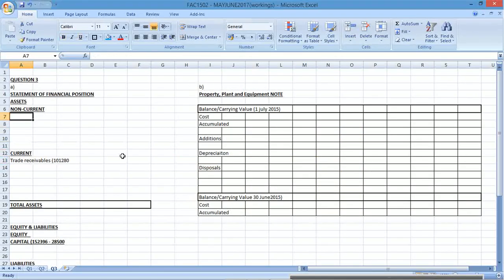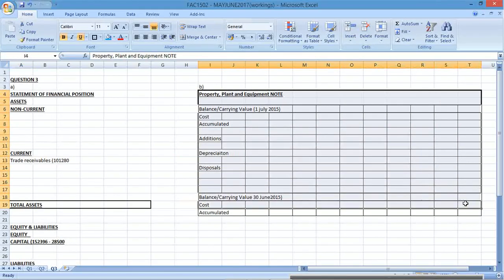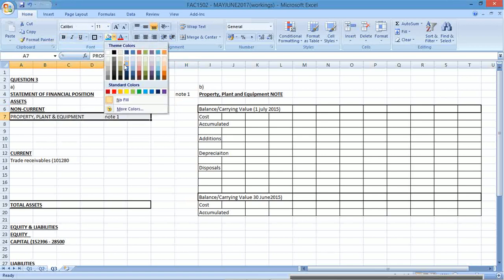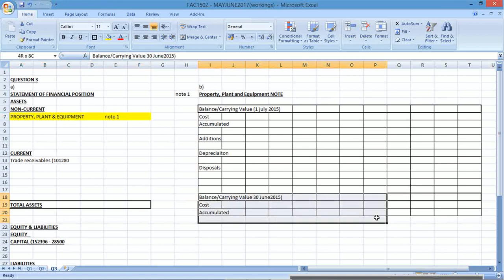Because you're doing a note, remember the note is referenced in the actual statement. So I'll write this here, and you would write down note number 1, whatever it is. Right, so this figure is going to be basically the total here.